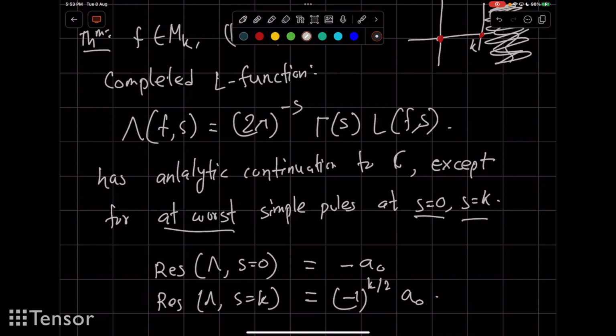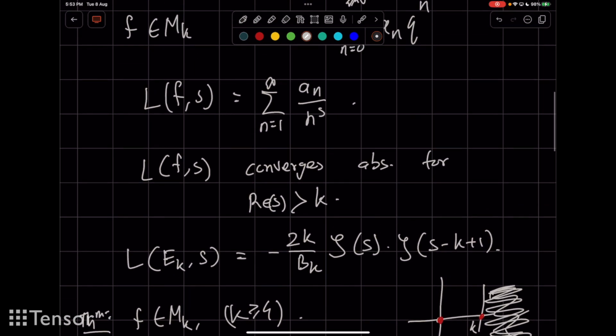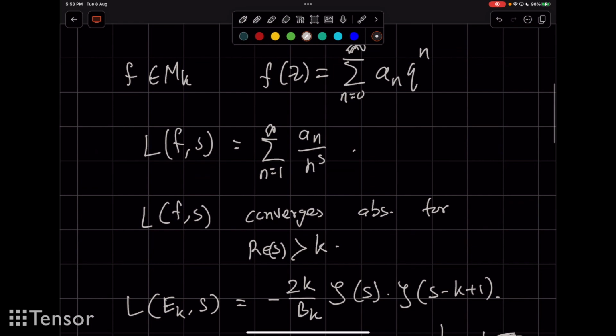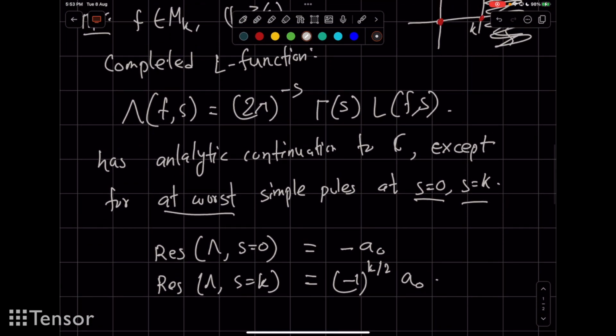This result is actually really interesting because although the L function we defined sort of forgets the zeroth coefficient of f, it actually remembers it. How does it remember? By the residues of the poles at 0 and k.